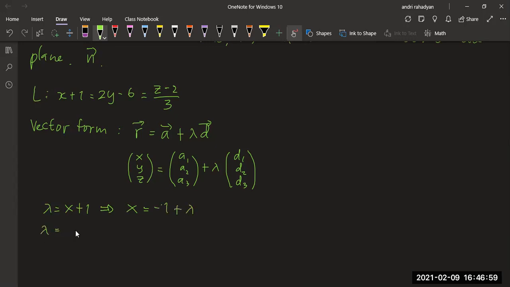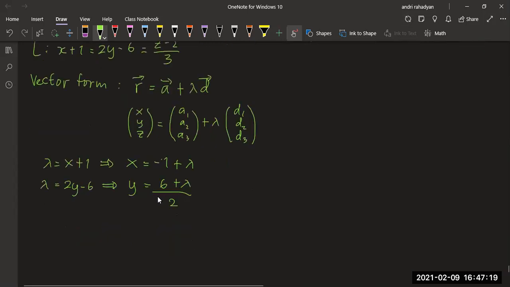Then lambda equals 2y minus 6, so y equals (6 plus lambda) divided by 2, which simplifies to 3 plus lambda over 2, or 1/2 lambda.